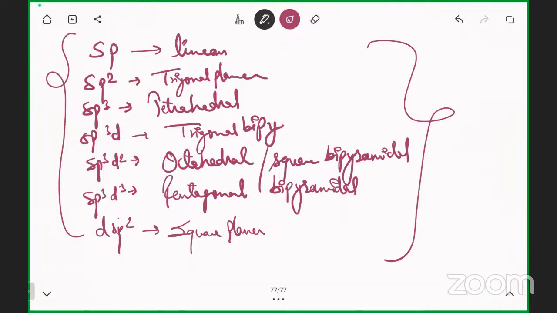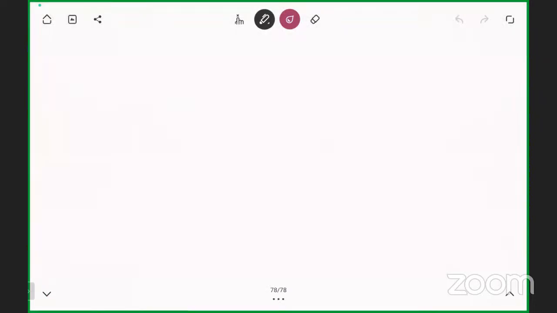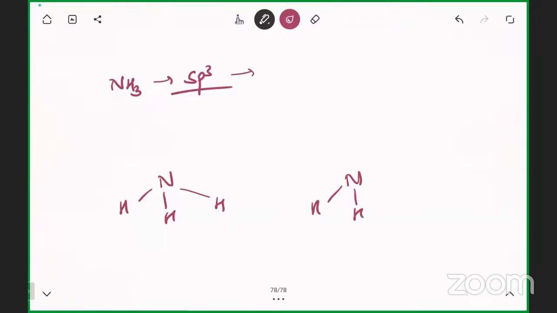So we learned there was no lone pair. But if I'm talking about NH3, it has sp3 hybridization. According to sp3 hybridization there are two conditions: N, H, H, H, and N, H, H, H with one lone pair.